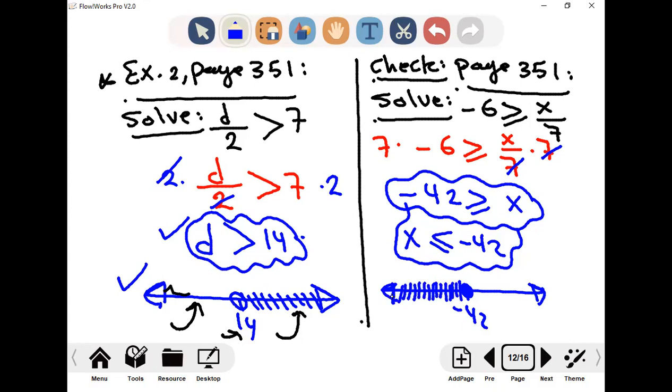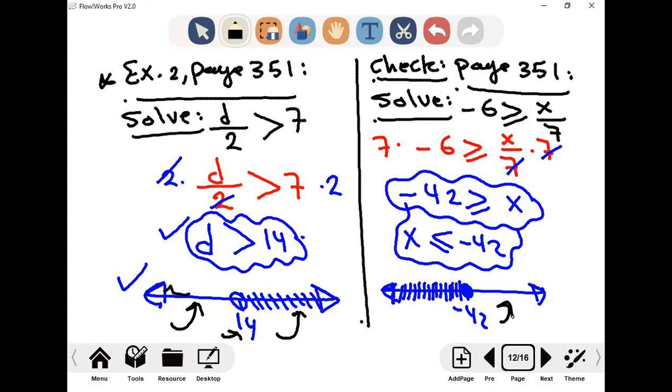This closed circle means negative 42 is included in the solution. So it is a solution. Here, the 14 is not a solution. Now let's check mentally. Let's select random numbers to the right, to the left, and negative 42. For example, more than negative 42.